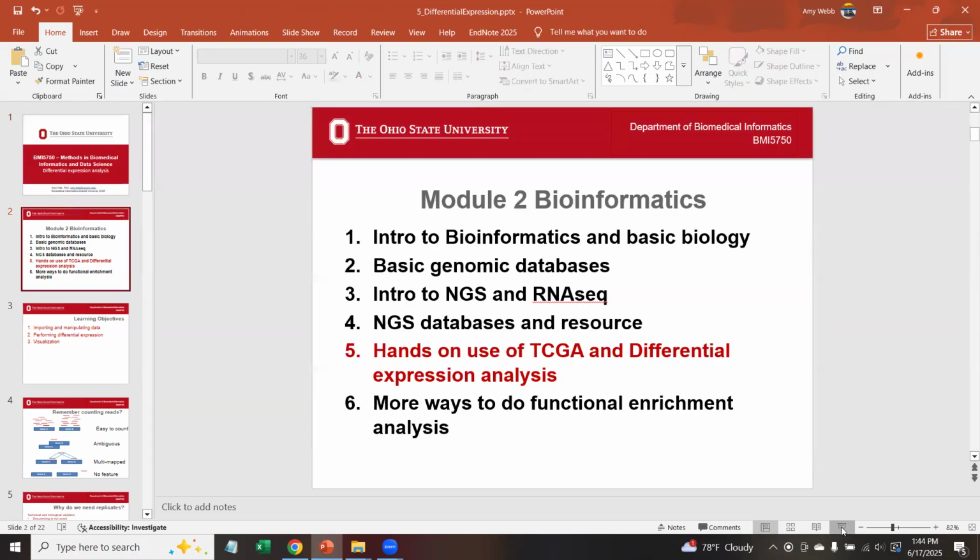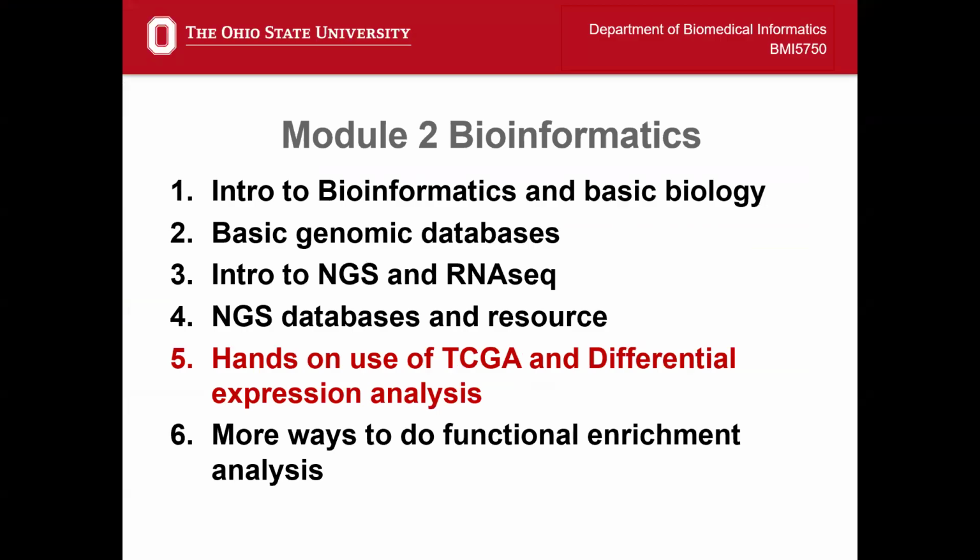Okay, so to put this in perspective, where have we come from? We started out talking about basic biology and bioinformatics. We learned how genomic information is passed on, starting in the DNA. It is transcribed into the RNA. We call that expression.